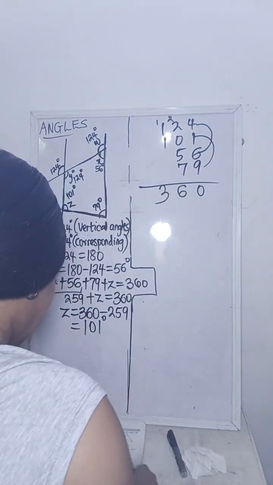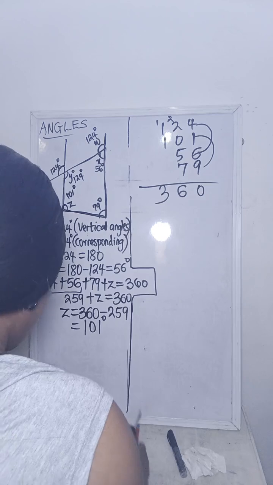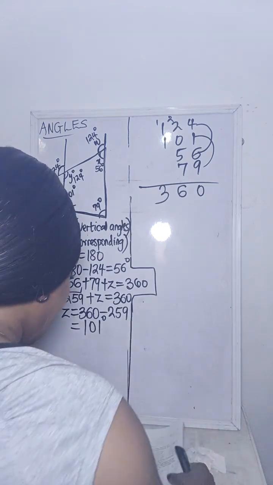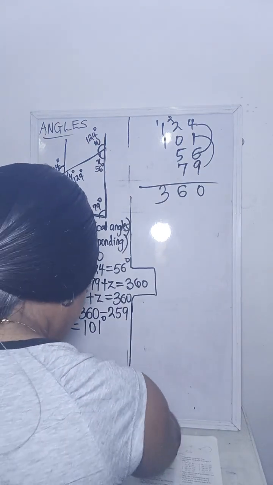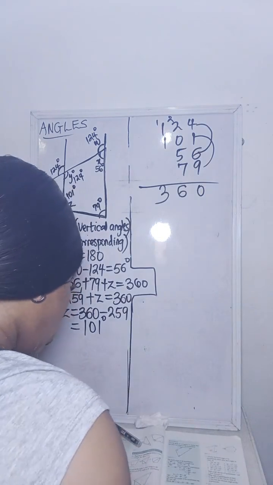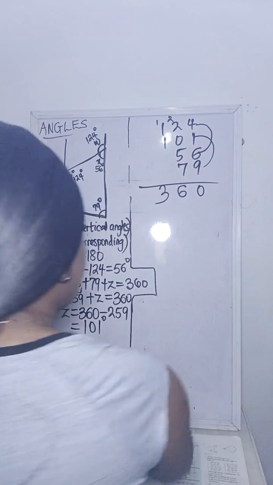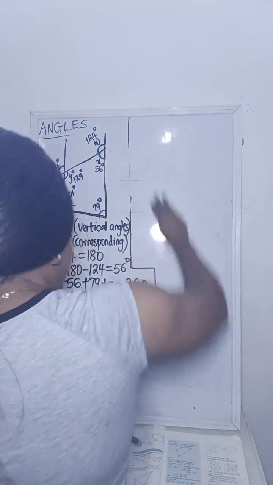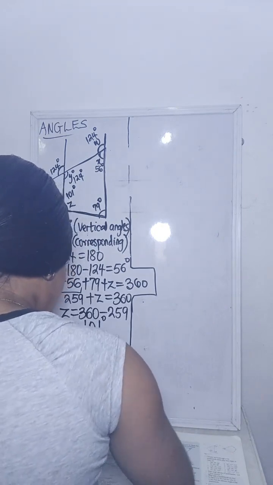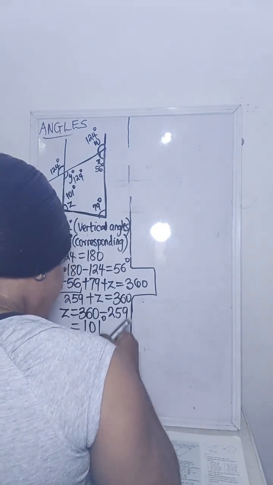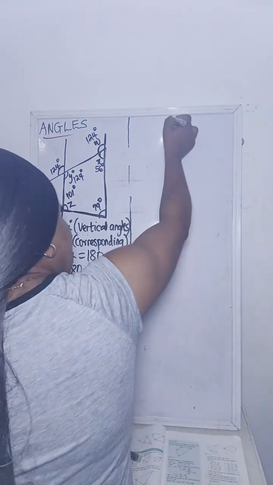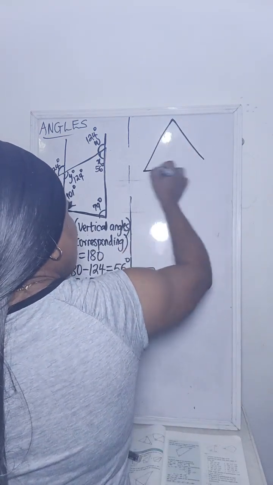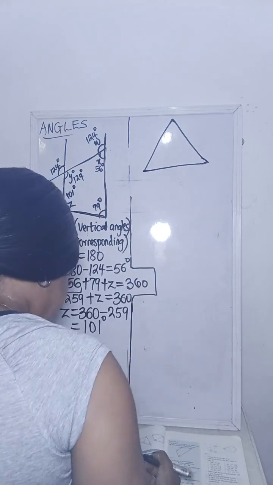All right, our time is really running. So now let's solve angles in a triangle. Remember, we said that the sum of angles in a triangle equals 180.